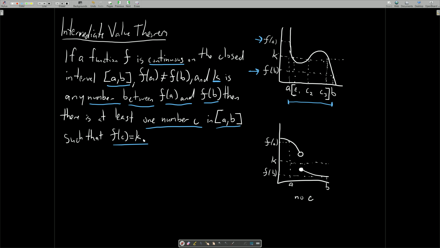Now since this function here is continuous, and you have this interval from a to b, and you have f of a here at this y level, and f of b here at this y level, k is some number. It's between f of a and f of b.